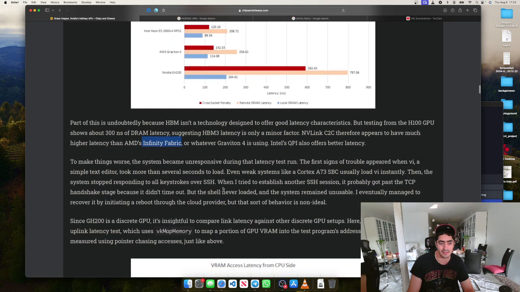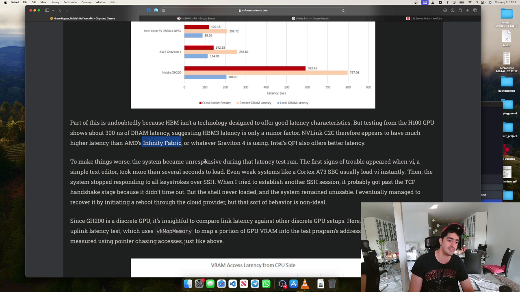To make things worse, the system became unresponsive during that latency test run. The first signs of trouble appeared when Vi, a simple text editor, took more than several seconds to load. Even weak systems like a Cortex A73 SBC usually load Vim instantly. That's Vim, right? Yeah, I believe so.